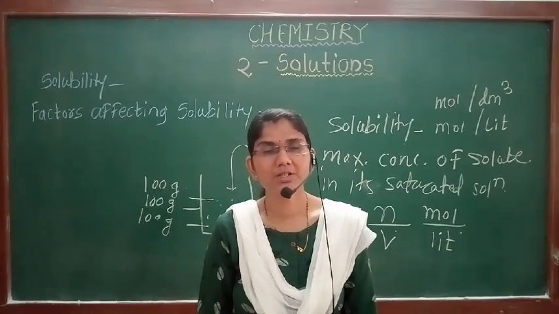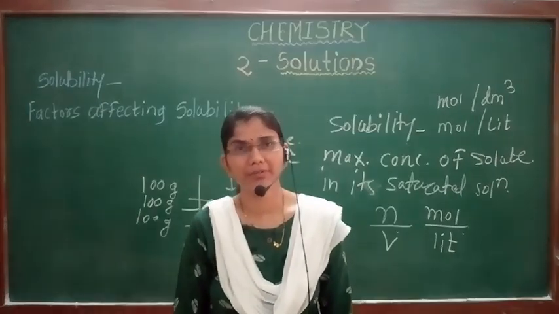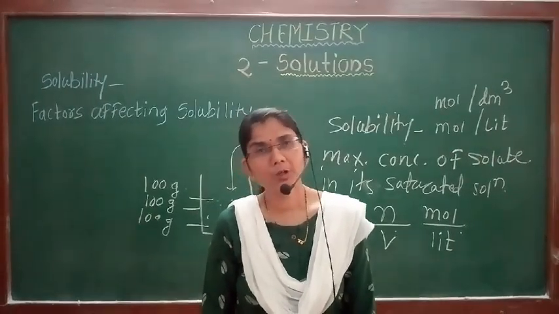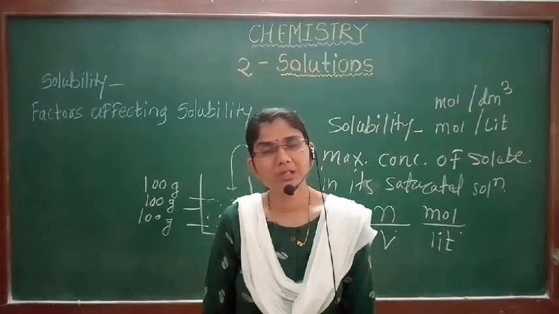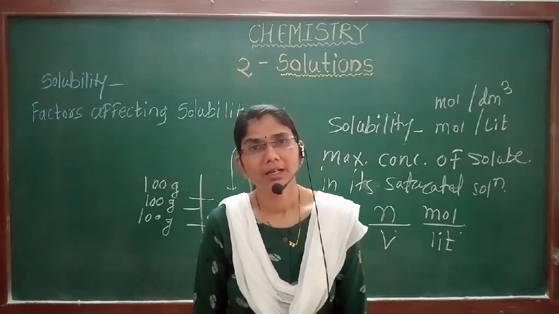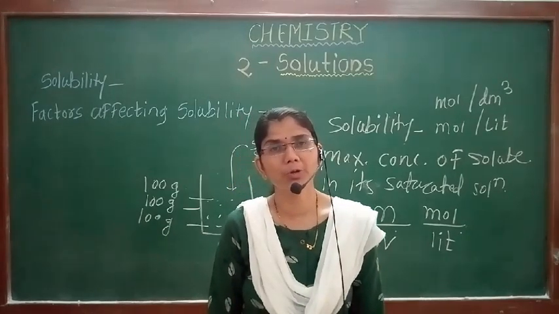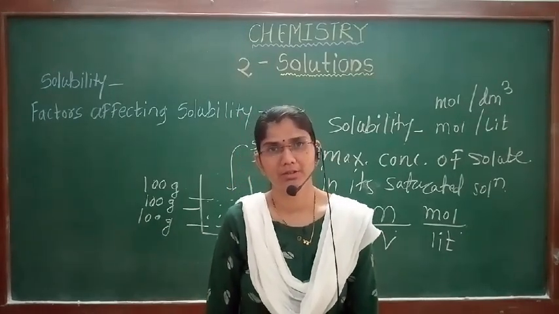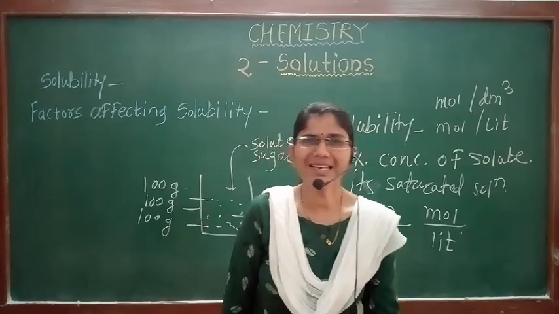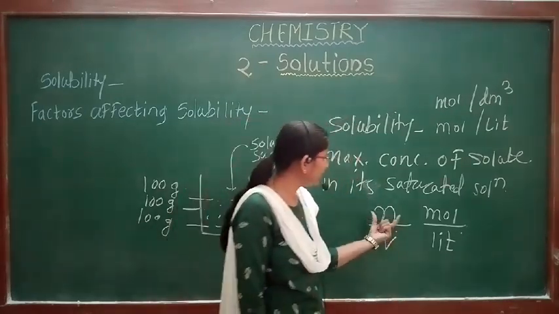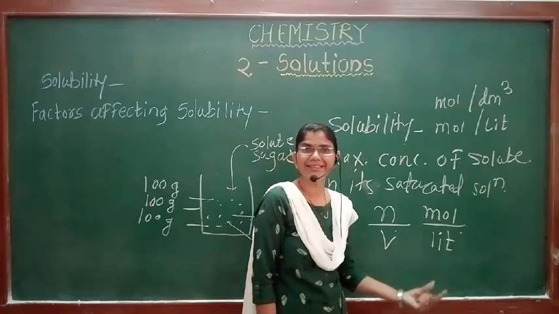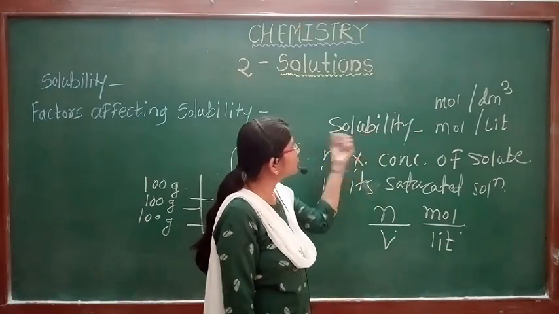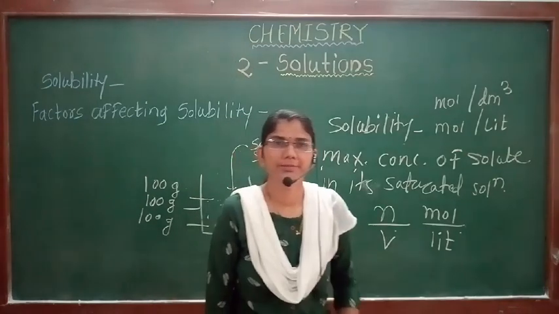Number of moles is equal to weight upon molecular weight, or number of molecules upon Avogadro's number, or given volume divided by molar volume, that is 22.4. By using any one of these ways we calculate n, and V means the volume of the solution. It is given as 1 liter.